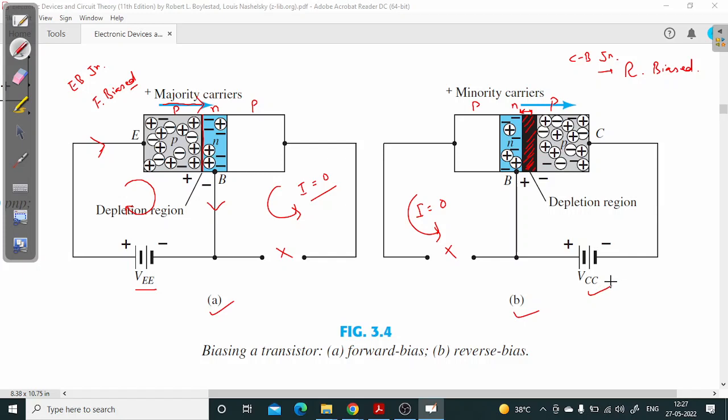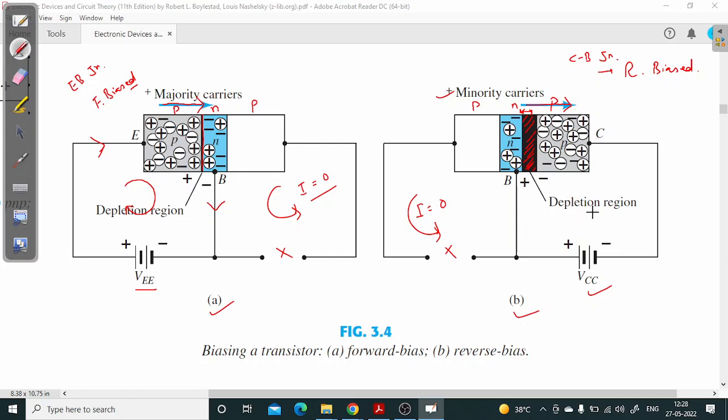And we know that when the diode is reverse biased, its depletion layer increases. But there is a small current flowing through this junction, because of minority charge carriers, and the direction of that current would be like this, as shown by this arrow.